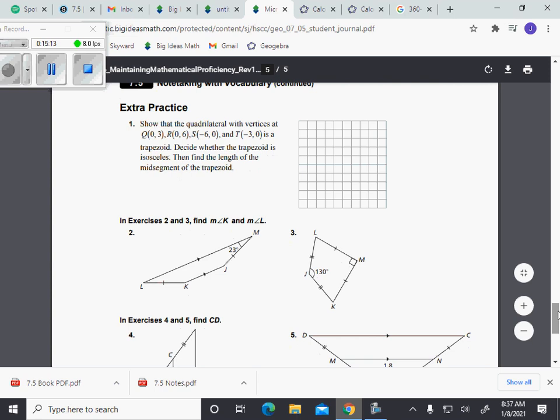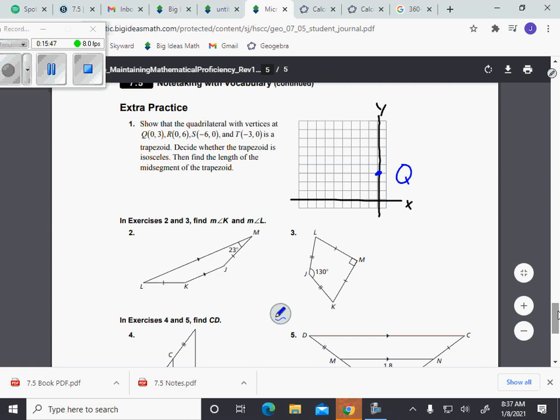We want to write a quadrilateral with the vertices at these points. What I notice is that we're going up and to the left. So I'm going to make kind of a graph that looks like this, where these are my x's, these are my y's. But I'm working on the negative side. At 0, 3 there's point Q. That's a big Q, my apologies.